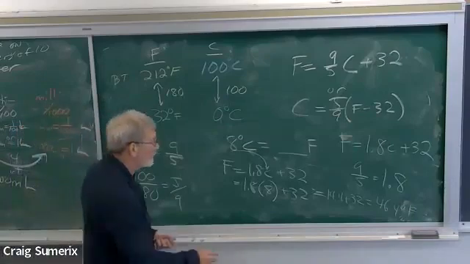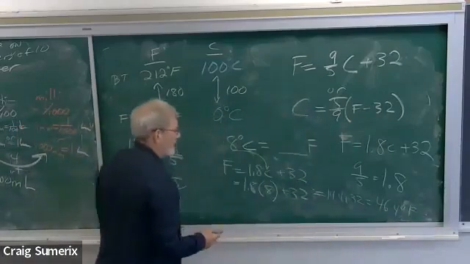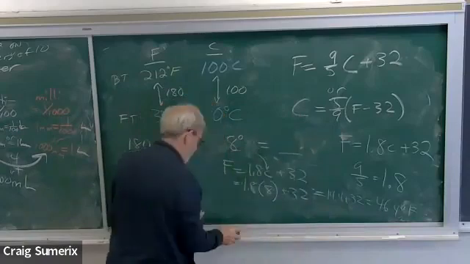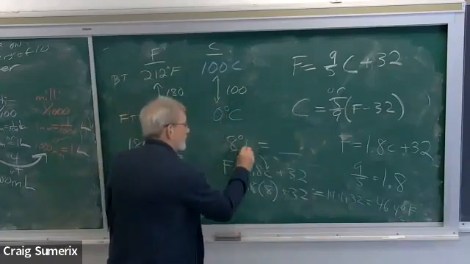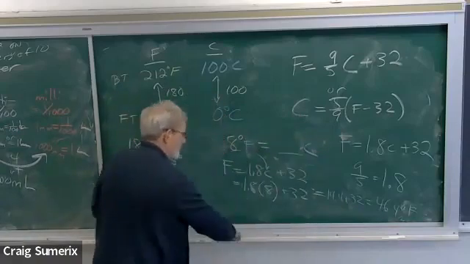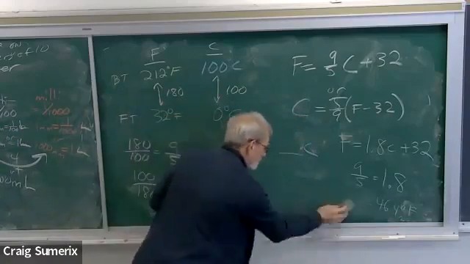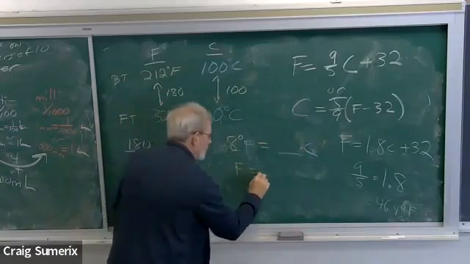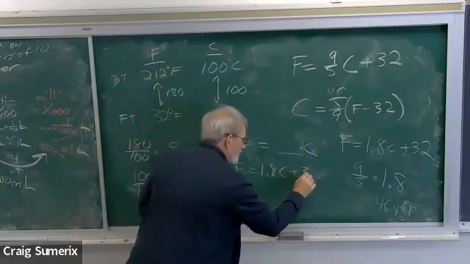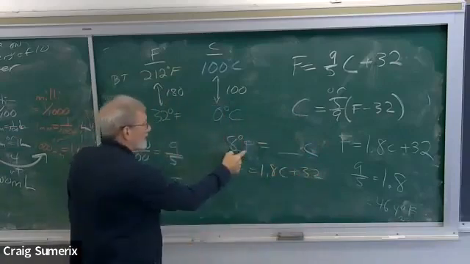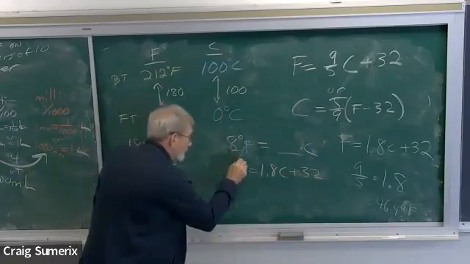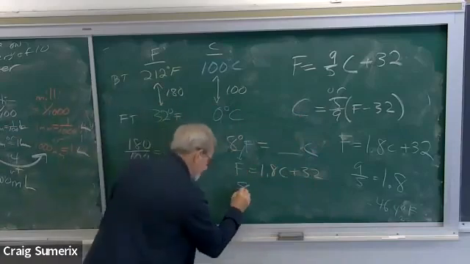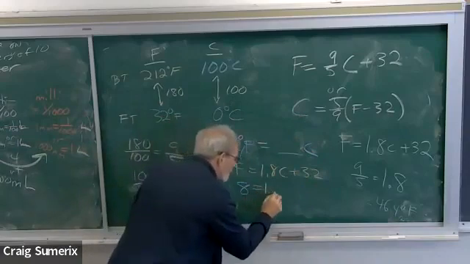So what if it was 8 degrees Fahrenheit instead, and we're doing the other direction? Now what do you do? Well, they gave me Fahrenheit, so plug it in for F. Can you solve this equation?